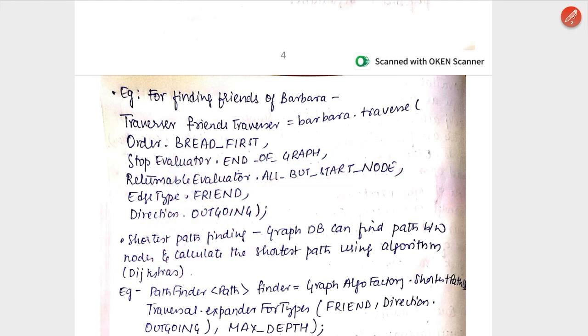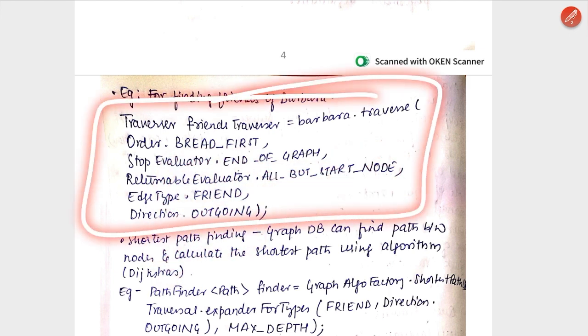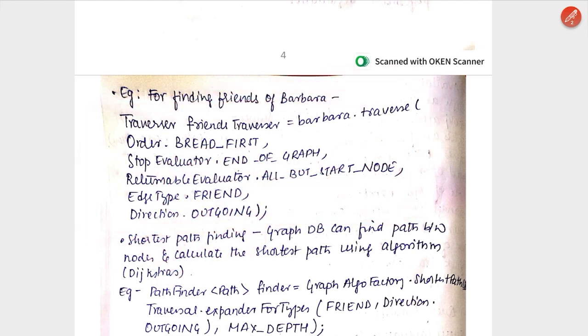Broadly speaking about this entire code, we are starting the traversal from the Barbara node, then we are performing a BFS, breadth first traversal, along the outgoing edges of type friend. So we are including all nodes connected to Barbara by outgoing friend edges, and we are excluding Barbara but including all other nodes.